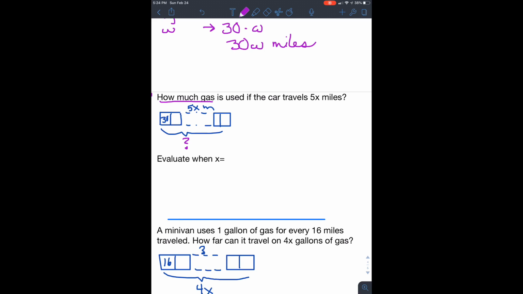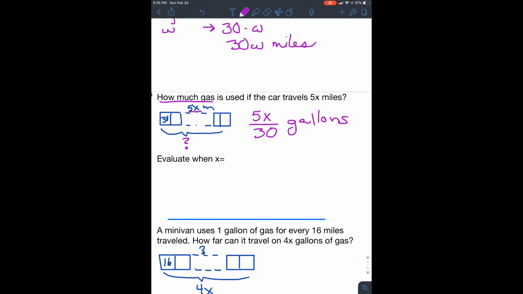That is going to be the answer we're looking for. So what we're actually doing is taking the total up here, that 5x, and dividing it by 30 in each box. So we're doing 5x divided by 30, or the miles divided by that amount we can go for each gallon. So the answer there is going to be 5x over 30 gallons.